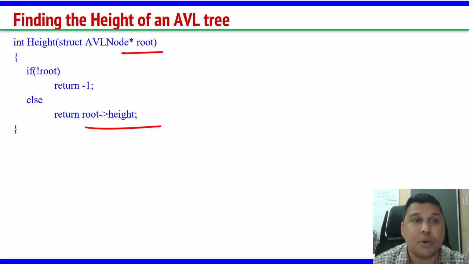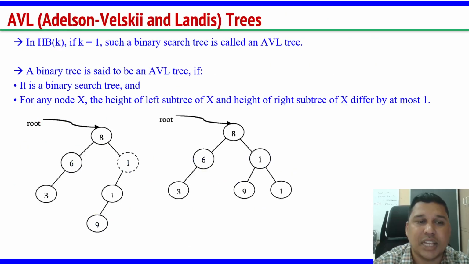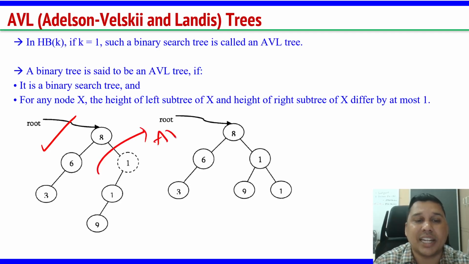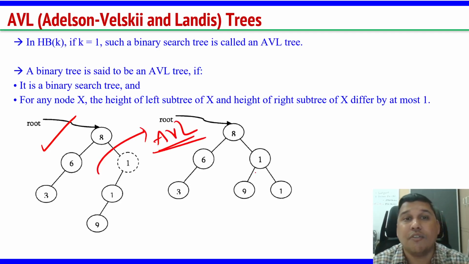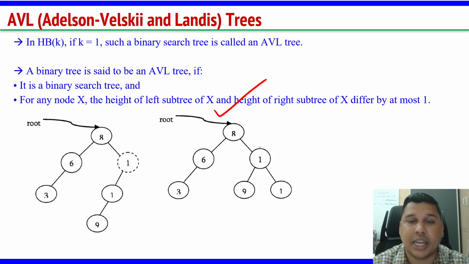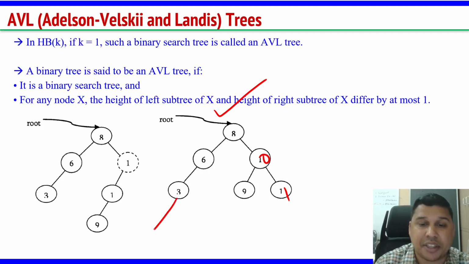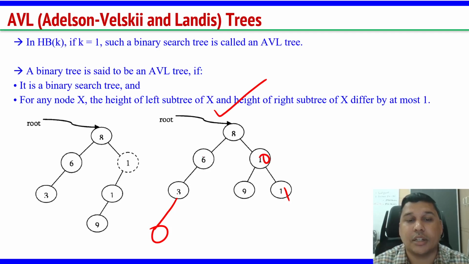So, this is about AVL trees, but there is one problem in AVL trees. Suppose there is a tree like this, how do you convert this to an AVL tree? Or when can a tree violate the properties of an AVL tree? Suppose I have a tree like this example here. If I insert another element here, this height becomes 3, this height is 2, it is still balanced.